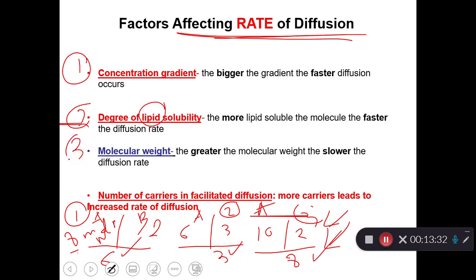It makes sense that smaller molecules are faster than greater ones. All of these variables apply to both diffusion and facilitated diffusion. In facilitated diffusion, there is another thing that affects the rate, which is the number of carriers. The more carriers, the faster the rate of facilitated diffusion.